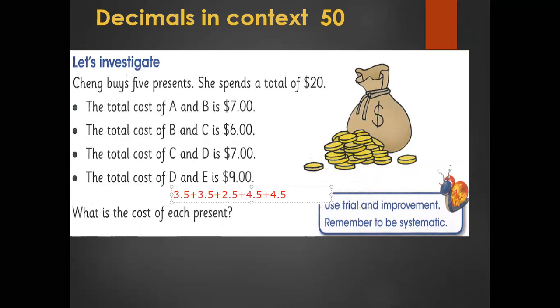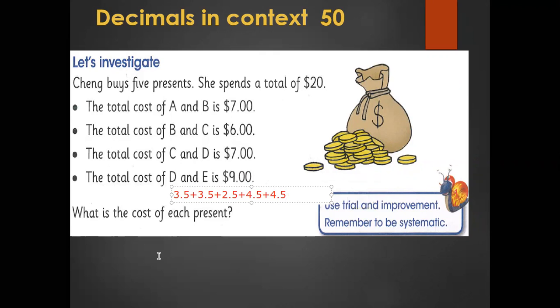So when I add all these numbers, these two equal 9, and this one is equal to 7. Okay, 9 and 7, that is 16, plus 2.5, 18.5. So it means A is not 7.